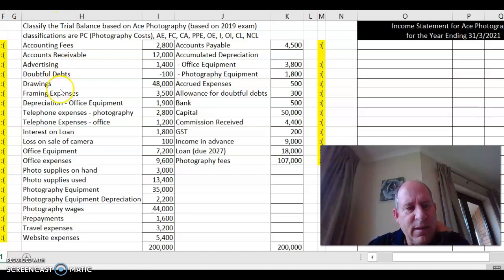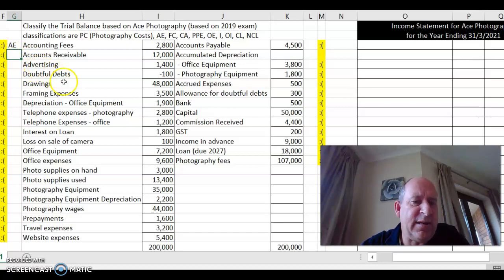So for this one, you've got to go down and just classify here. So your classifications are photography cost, PC, admin expense, financial cost, current asset, PPE, OE, income, other income, current liabilities, non-current liabilities. And as you click through this, we type AE for accounting fees, we see it's a happy face.